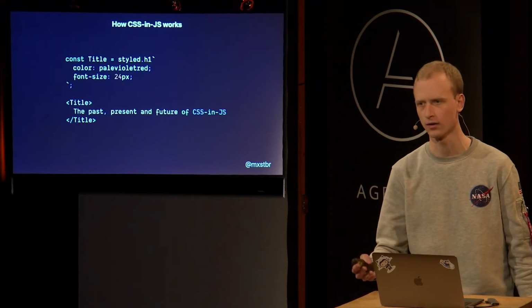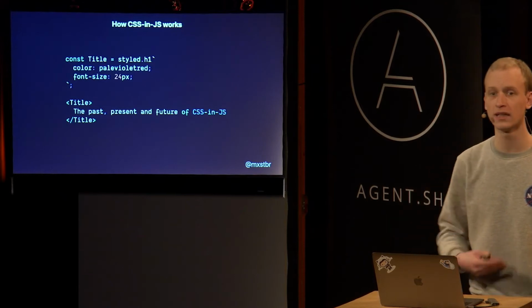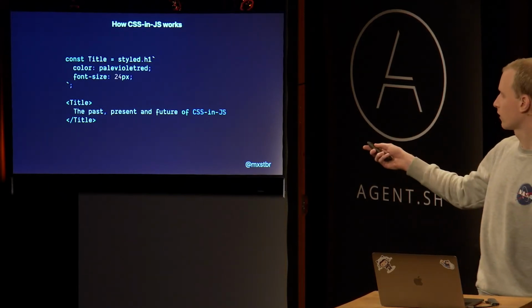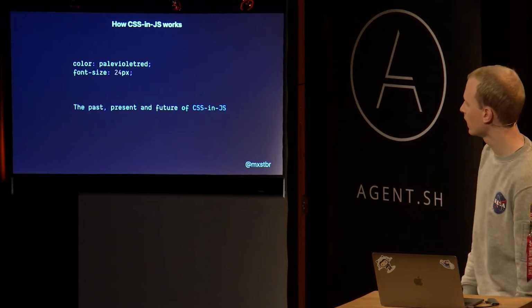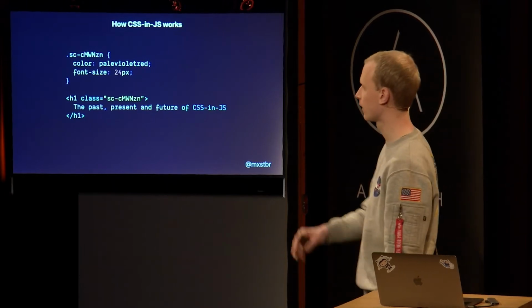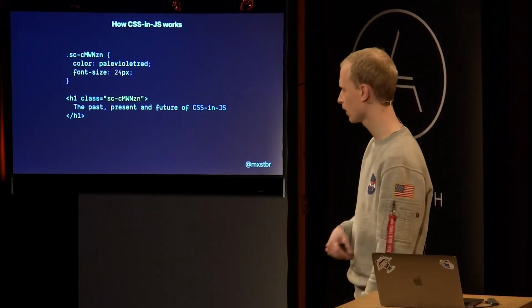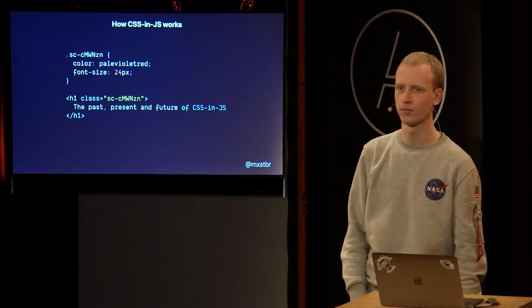We hash the styles that you pass into the tag template literal and create a class name that is completely unique. So what this looks like in the browser, and look closely because it's going to be a short animation, is that we inject some CSS, in this case, a .sc dash some random hash class name. And then we actually render an h1 in the HTML with that class name applied.